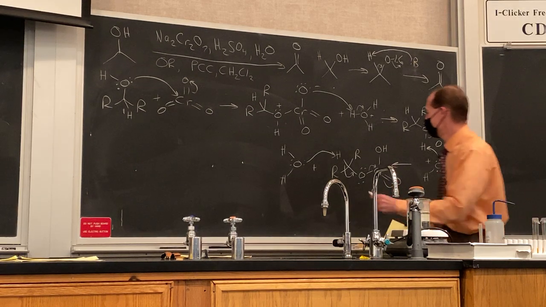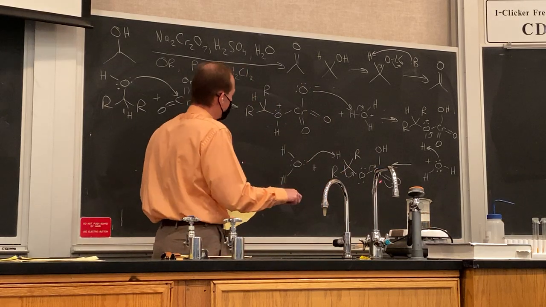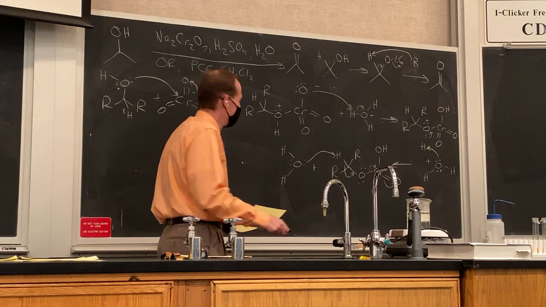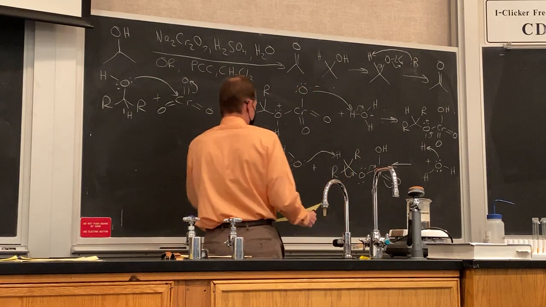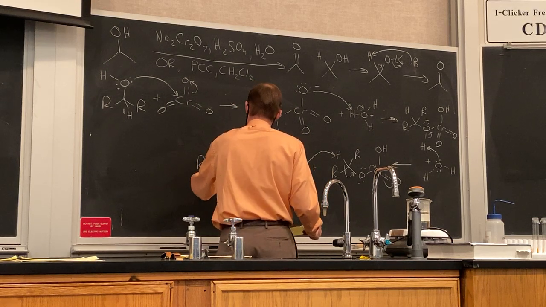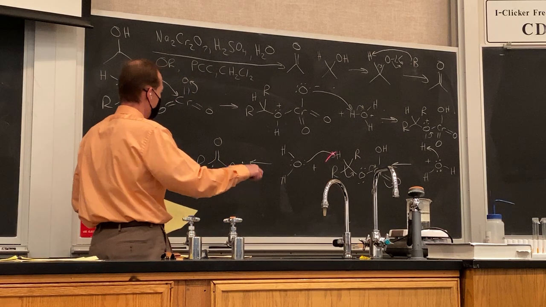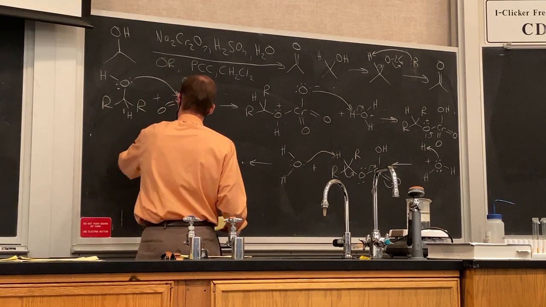Okay? So this is an elimination step. We've got an extra arrow because we're pushing electrons from the chromium onto the oxygen here. And so that is going to give us our ketone. Okay, our ketone comes there. Then we have a chromium byproduct.